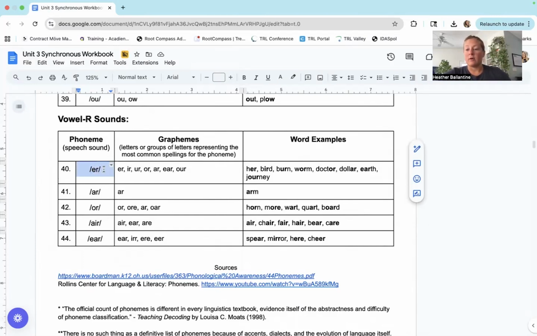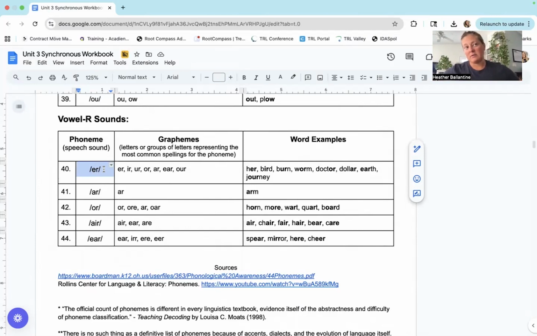One more trick I want to teach you for the difference between the ER and the R is if you teach students to put their hand on their stomach, right here on their abdomen, as they say each sound, they will feel their abs tighten when they're doing the R sound.